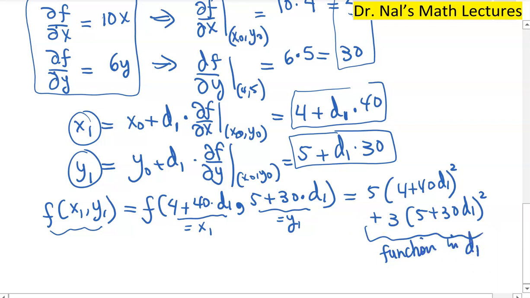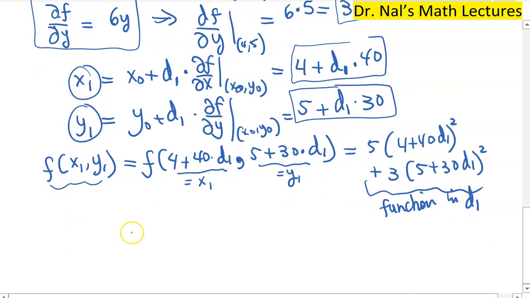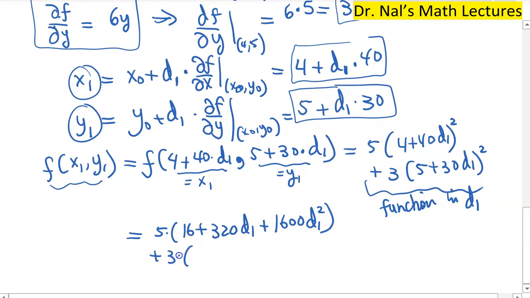And we know exactly how to find the minimum value of this function, right? So let's first expand it out, and then we can easily take the derivative and set it equal to 0 to find the minimum. So with a little bit of algebra, we have 5 times, when you square that, 16 plus 320 d1 plus 1600 d1 squared, plus 3 times.